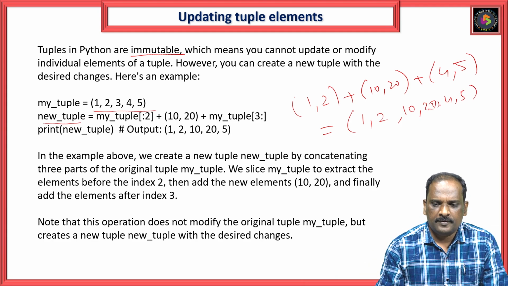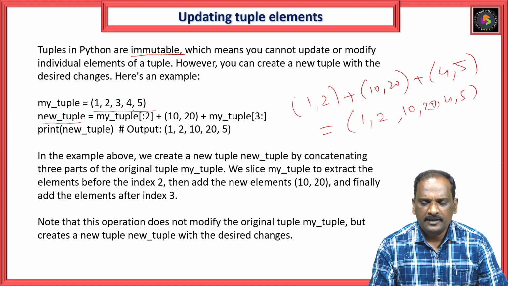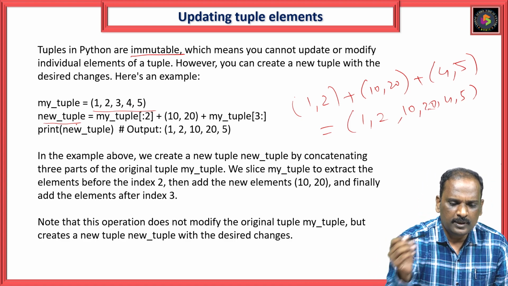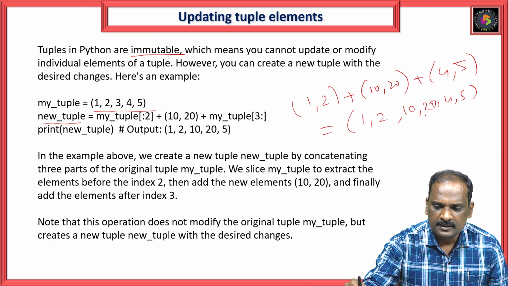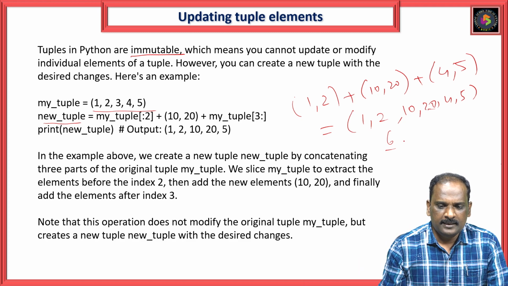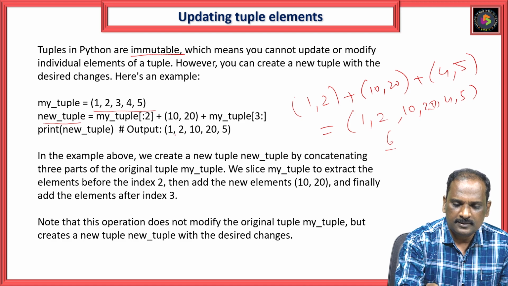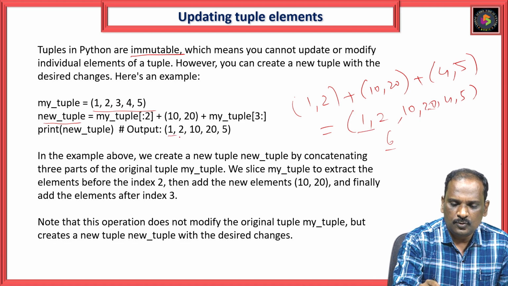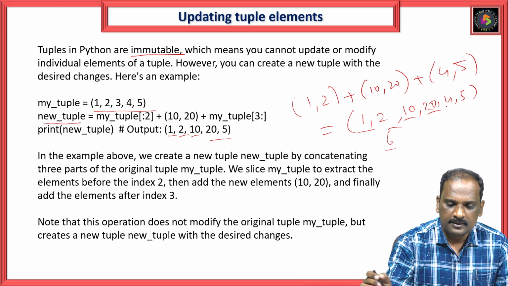Earlier, my tuple was containing only 5 values. Now, this new tuple we have created by using my tuple is containing 6 values. So here we can see 1, 2, 10, 20.